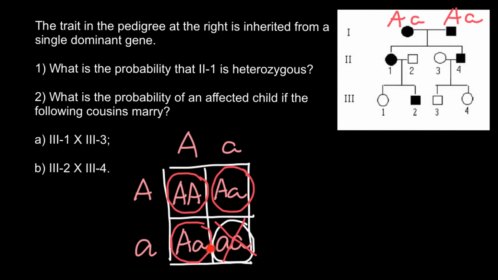So we have to choose between these three, and as you see, there is a 2 out of 3 probability that this person is heterozygous. But do not hurry, let's analyze the pedigree of the progeny.